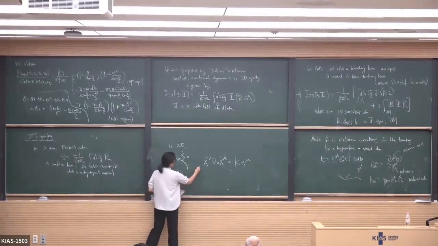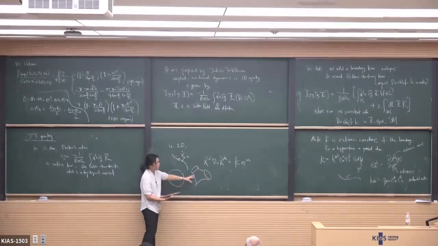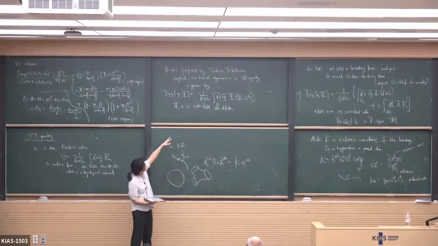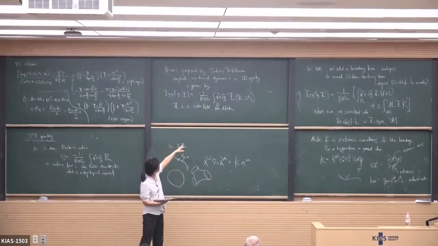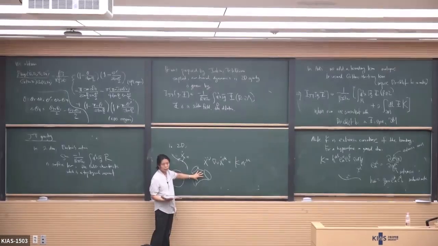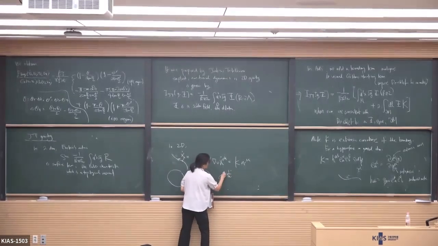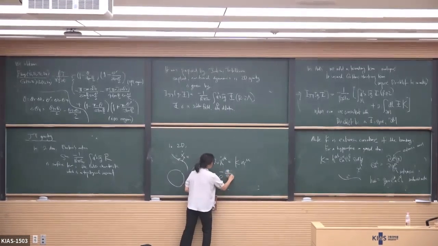If you have a non-trivial topology, something like multiple boundaries, for instance, that'll give rise to an action which suppresses the contribution of the geometry to the path integral by e to the minus some positive over g Newton, right?